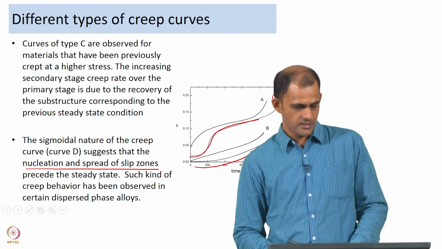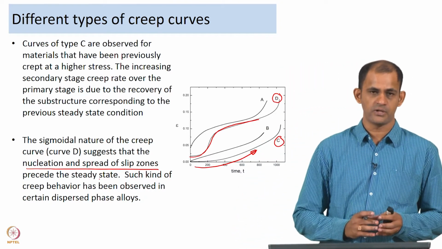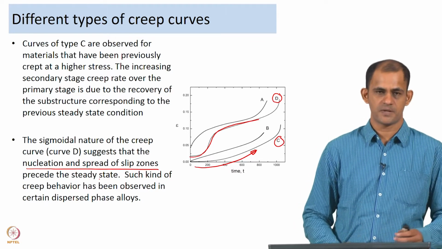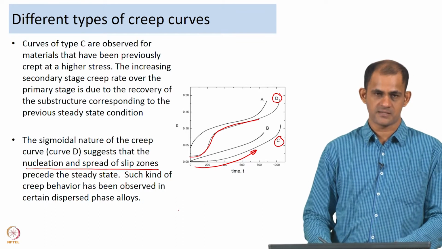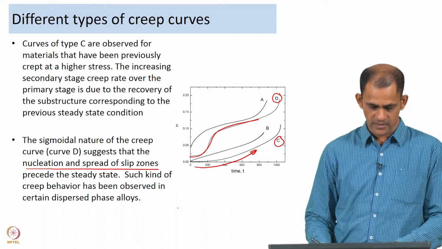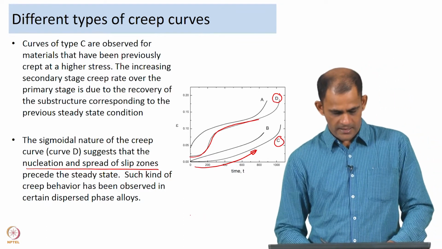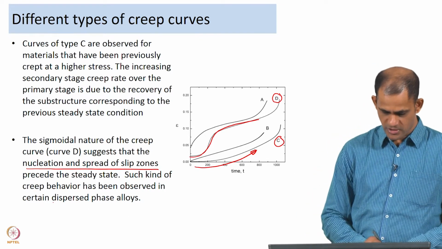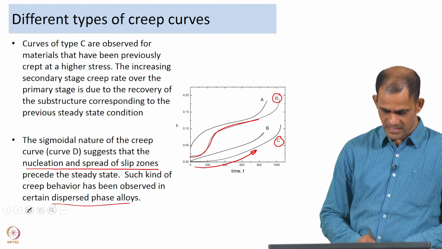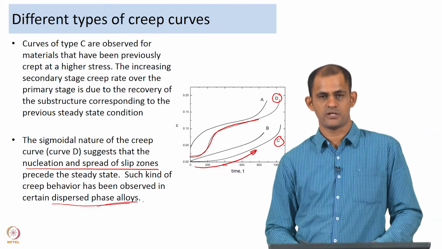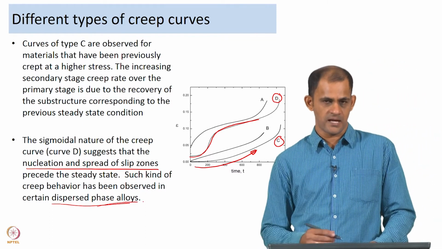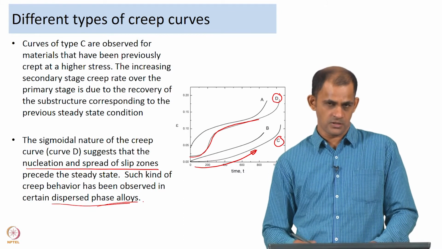So, there are certain slip zones that are nucleated and these slip zones tend to spread out, and when that precedes the steady state, then you see this kind of creep curve. The alloys which demonstrate this kind of creep curve are certain types of dispersed phase alloys. So, if you have a dispersion of a phase in a certain material, then you might come across such types of creep curves.